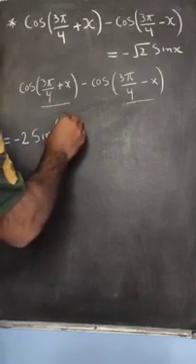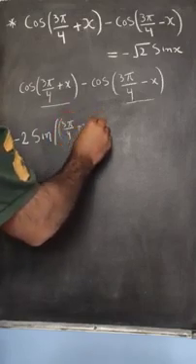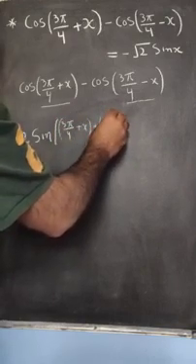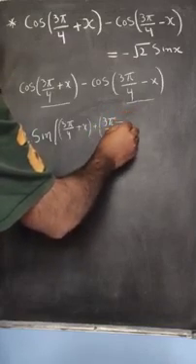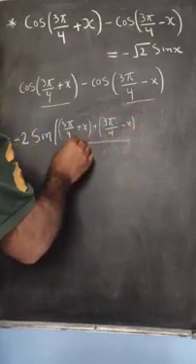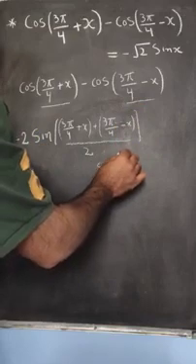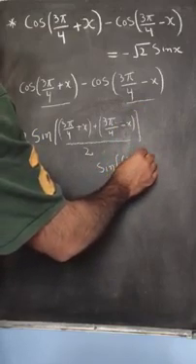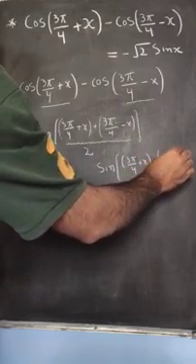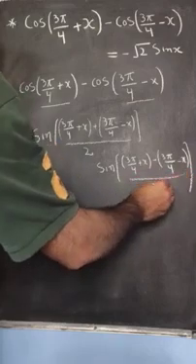A plus B, that is 3 pi by 4 plus x plus B, that is 3 pi by 4 minus x, divided by 2, and then we have sine A minus B, that is 3 pi by 4 plus x minus 3 pi by 4 minus x, divided by 2.